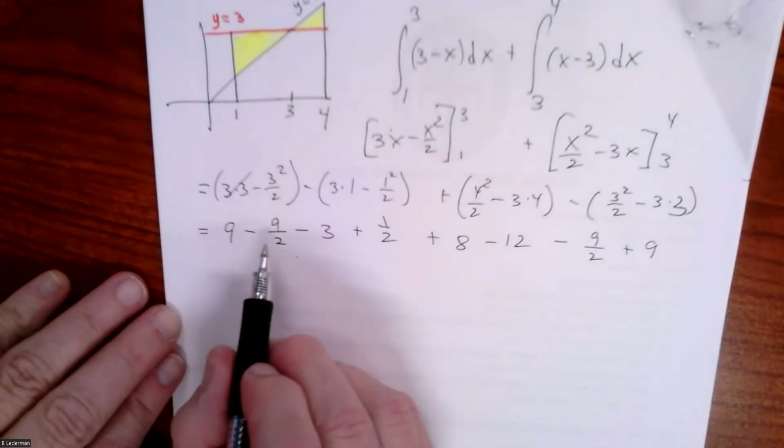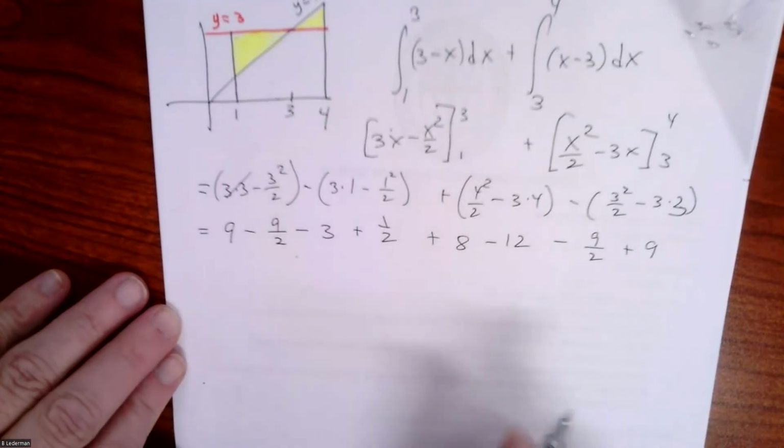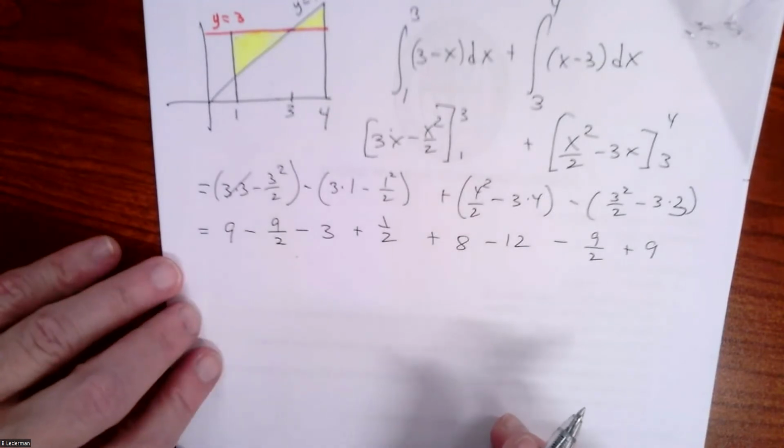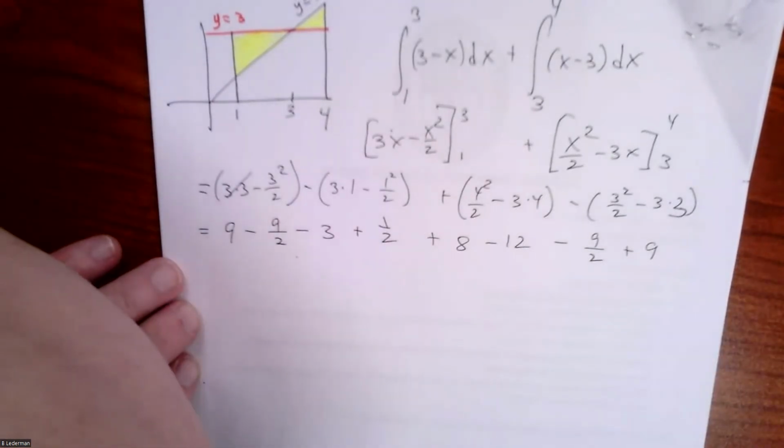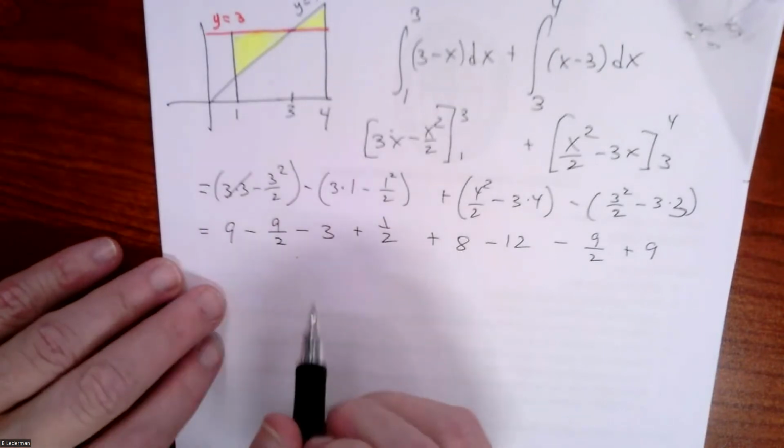So I just did some simple multiplying. Now I just got to combine all this stuff together. I have a bunch of pluses, a bunch of minuses.